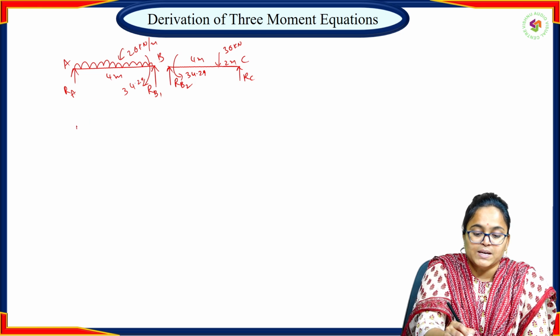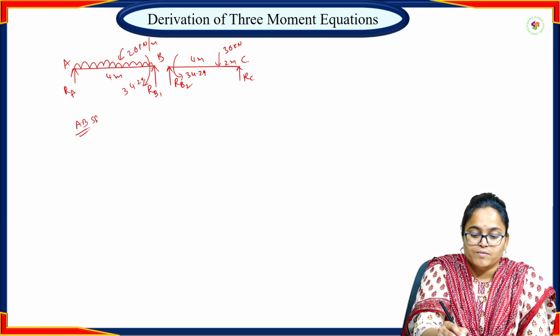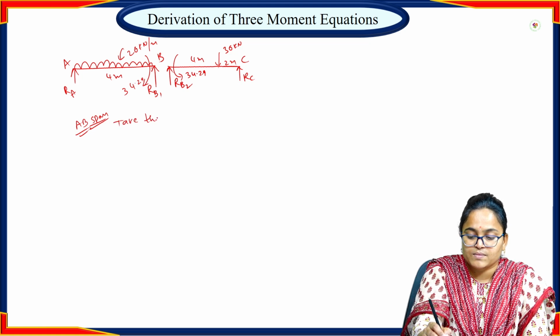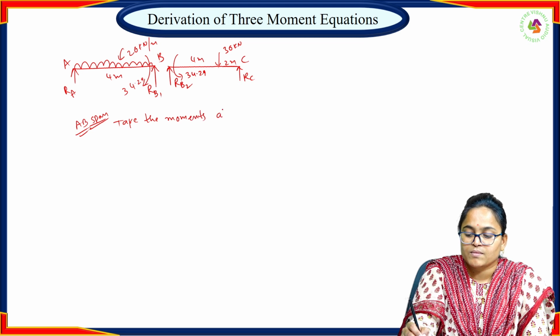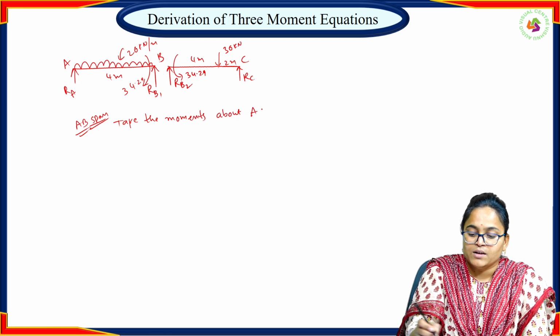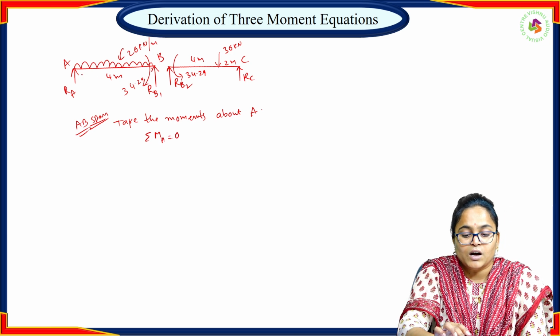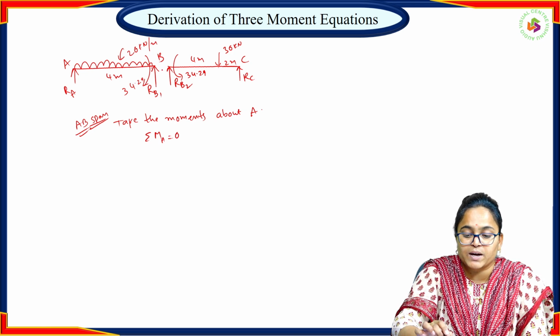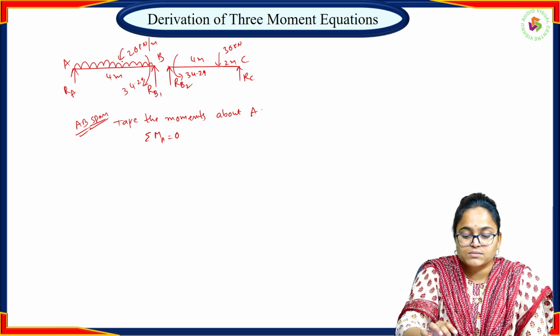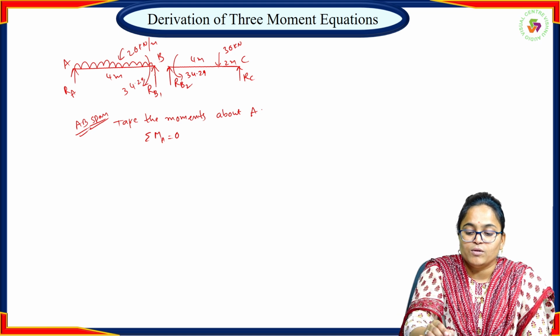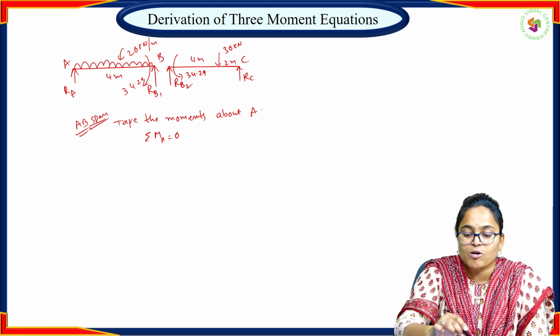Now for AB span, take the moments about A. So that is sigma MA will be 0. Now, how many reactions we have in AB span? One is RB1, and moment at B we have, and applied load UDL. So now due to RB1 at A we'll get anti-clockwise moment like this.